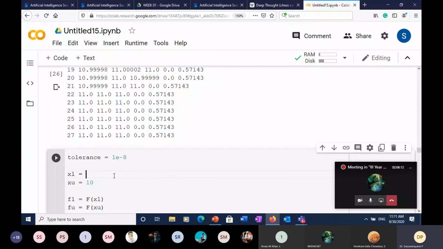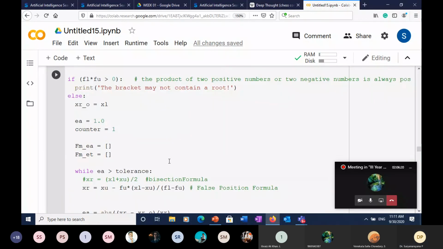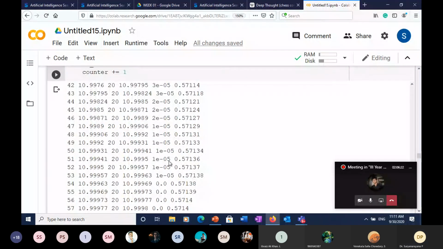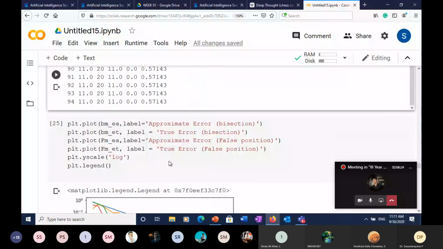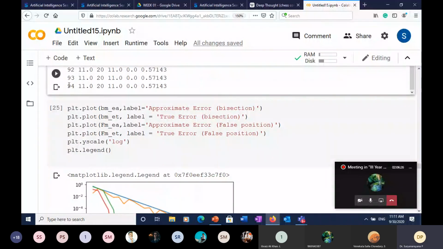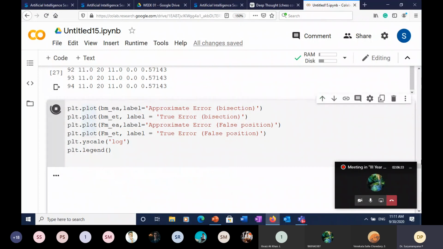Let us see what the false position method does for the different root. See, in this case, false position has taken 94 iterations to calculate. Now let us look at it in the plot.